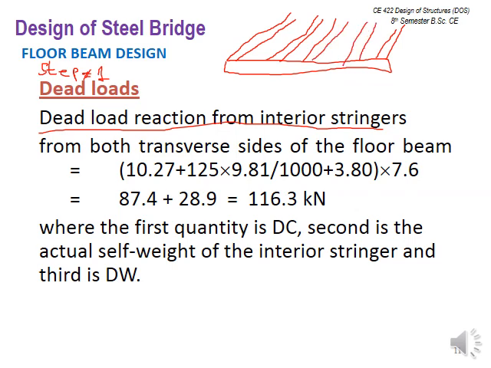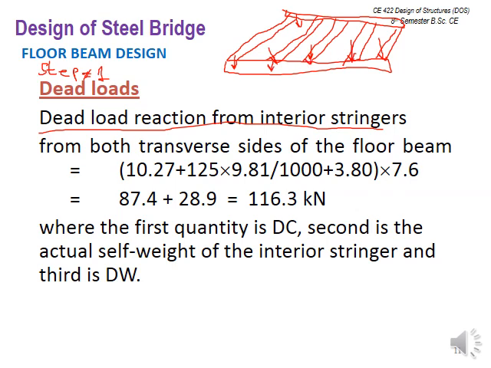In this way, from each stringer this reaction needs to be calculated. The other side of these stringers is resting on the next floor beam. So half of the reaction will be on this floor beam, half of the reaction will be on the next floor beam.